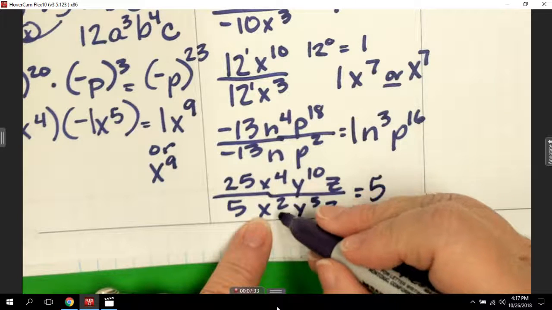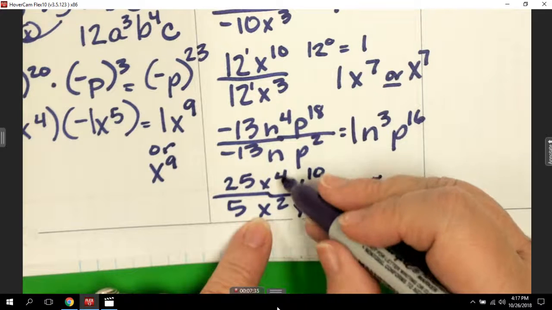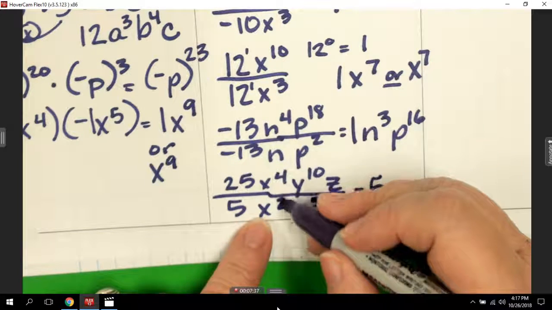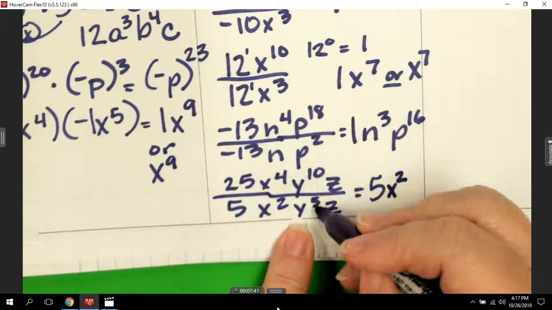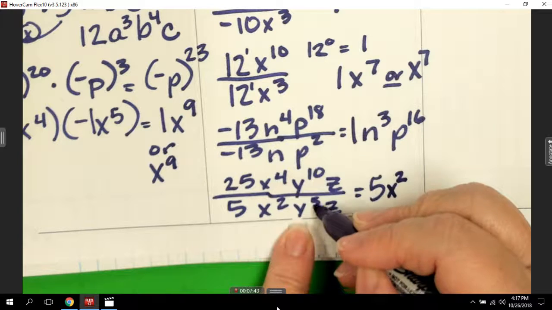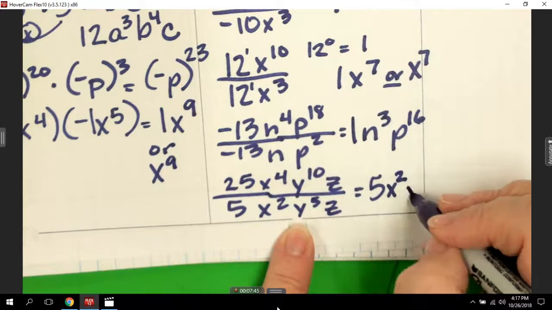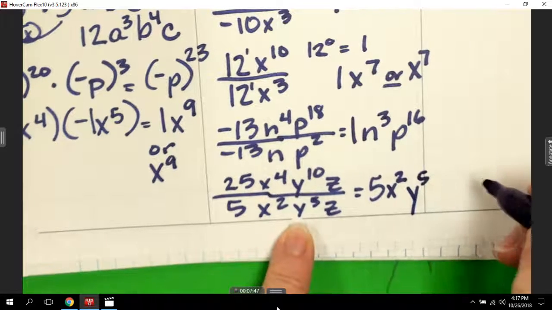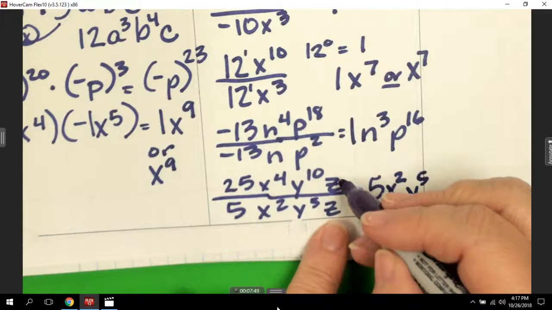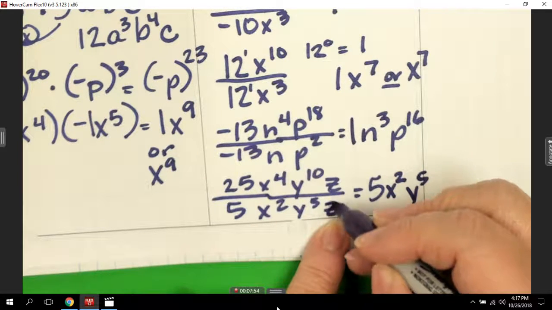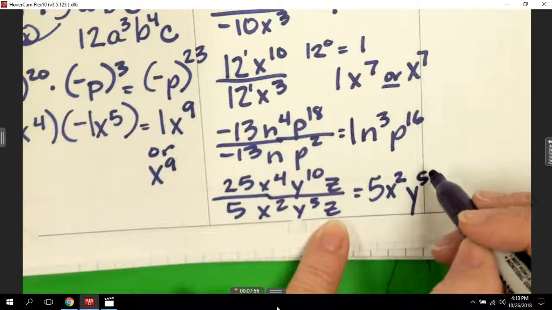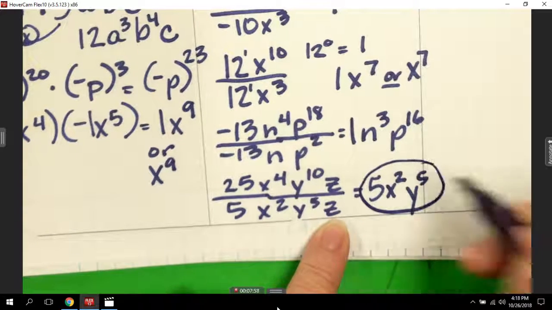X to the 4th divided by x to the 2nd, we're going to subtract the exponents. X to the 2nd. Y to the 10th divided by y to the 5th, again, subtract the exponents. We get y to the 5th. And z divided by z, anytime we divide it by itself, we get 1. So, there's our final answer.